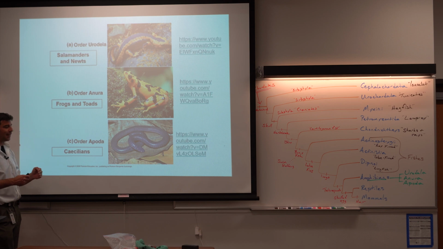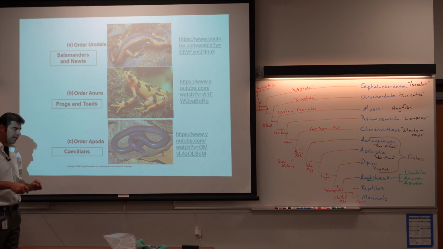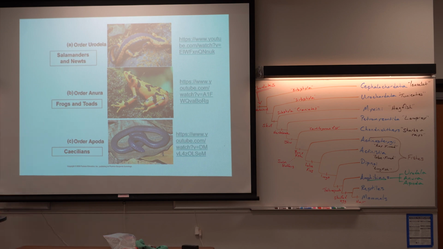And you don't see that leaping adaptation in salamanders and newts. Their hind legs are just for walking around. So Urodela, salamanders and newts, retain their tail, and they have hind limbs that have not developed for leaping, which is what we see in this order Anura.